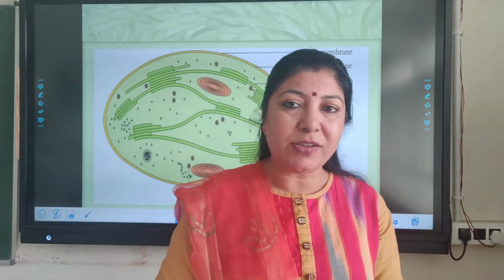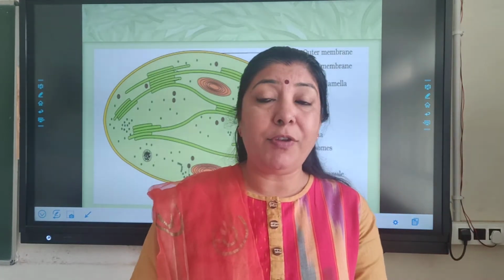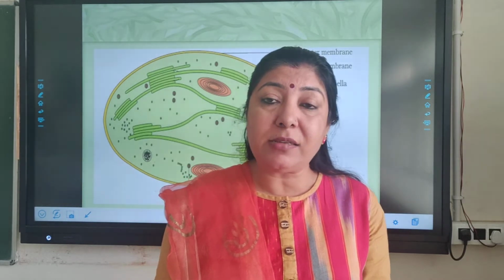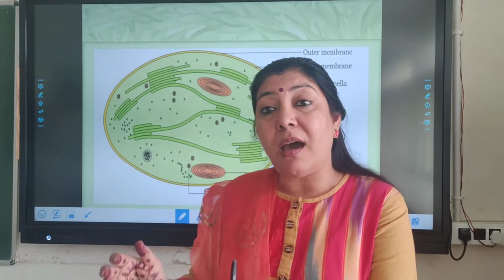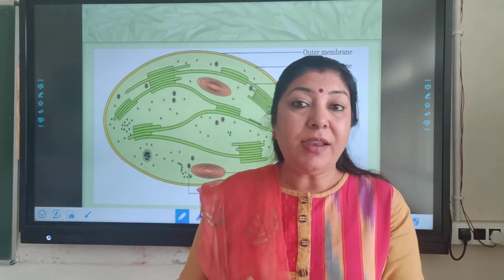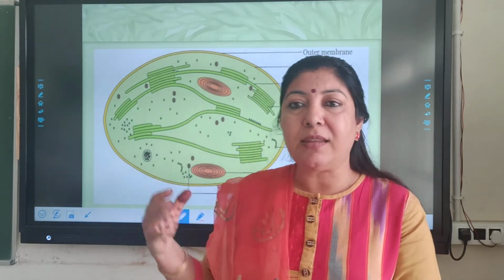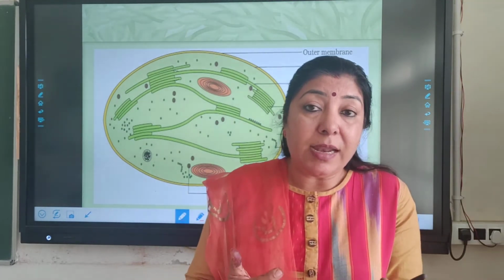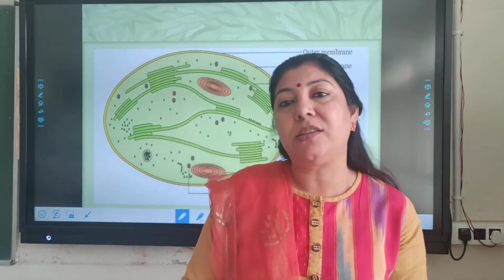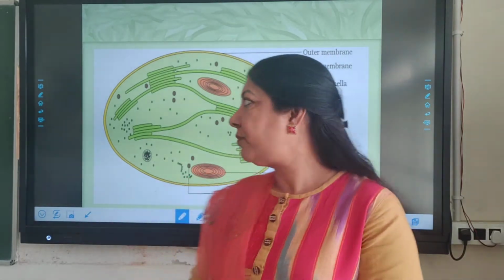Before coming to those reactions of photosynthesis, which are basically categorized into light dependent reactions and dark reactions, let us first study again the structure of plastid and let's know where these reactions are actually taking place.